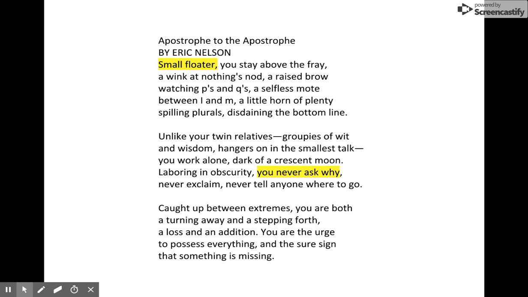For apostrophe, here I've got small floater, comma, you stay above the fray, okay? I know from this beginning line that I am directly referring to an apostrophe, the grammatical symbol, because not only am I saying you, like here, right, but I'm also calling it a small floater directly.